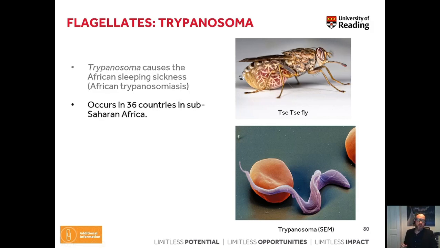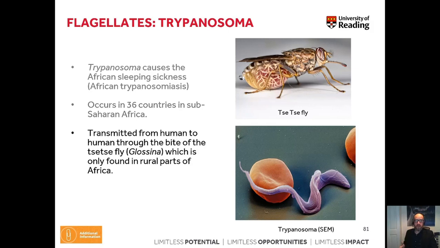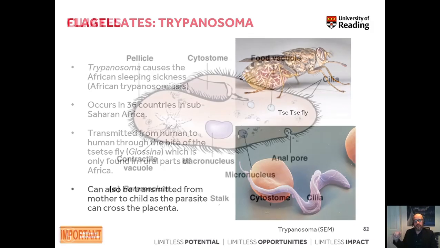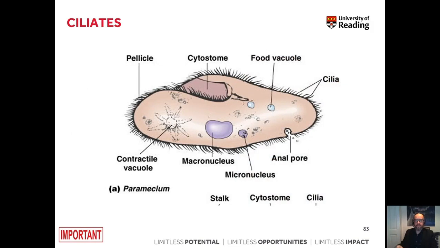It occurs in 36 countries in sub-Saharan Africa, and it's transmitted from human to human through the bite of the fly, and it's only found in certain rural parts of Africa. Interestingly, in rare cases, it can also be transmitted from a mother to a child, as the parasite can cross the placenta.